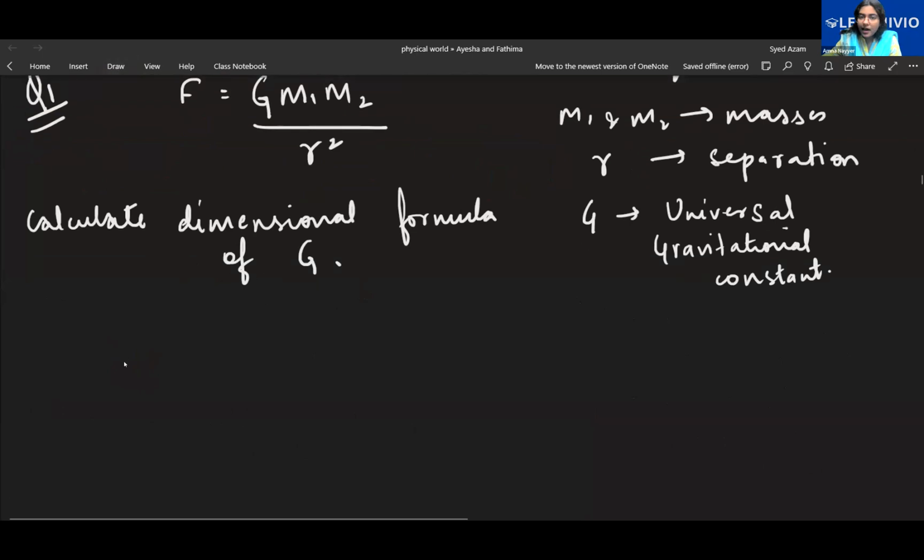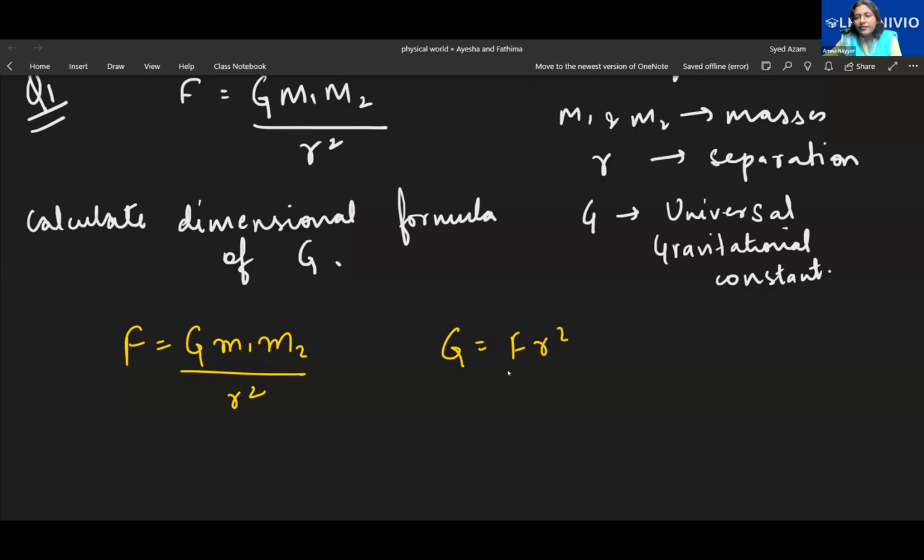You have questions like this: F is equal to G m1 m2 by r square. So from here I can say capital G will be equal to F into r square by m1 into m2, right? Cross multiplication.